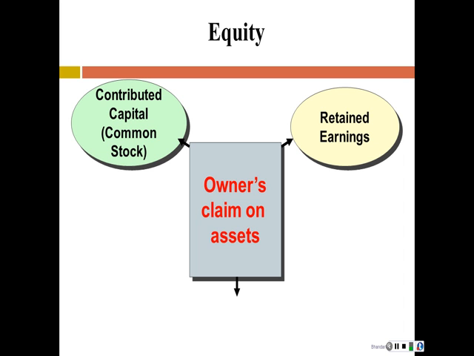And these two items contribute towards equity, and there is one item, dividends, which takes away from equity. And dividends are a return that is paid to stockholders for the shares of stock that they have in the corporation.